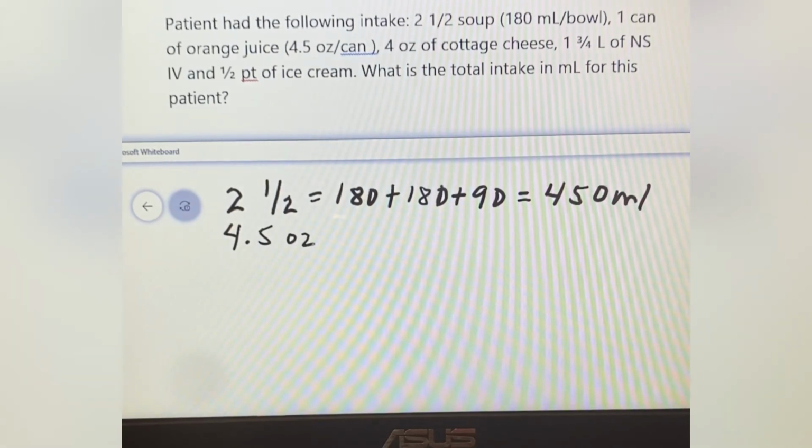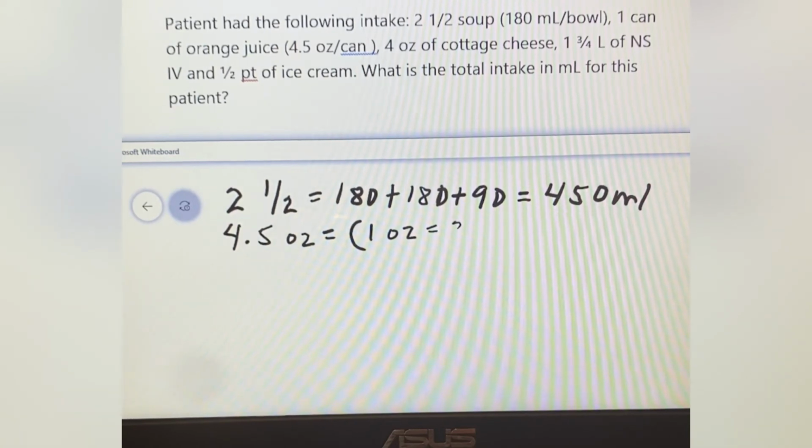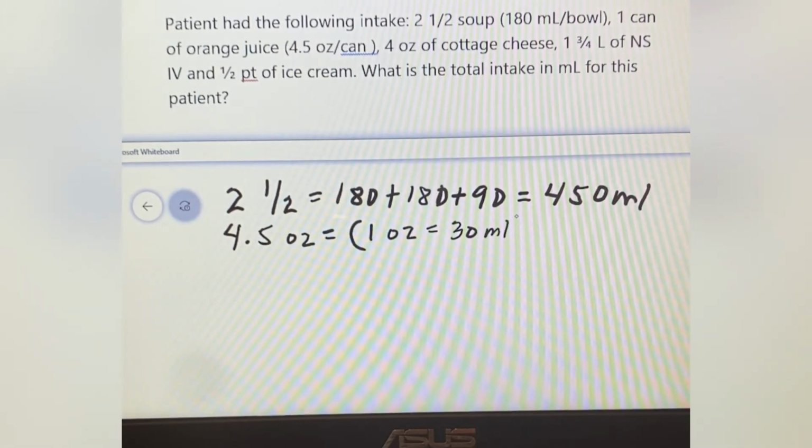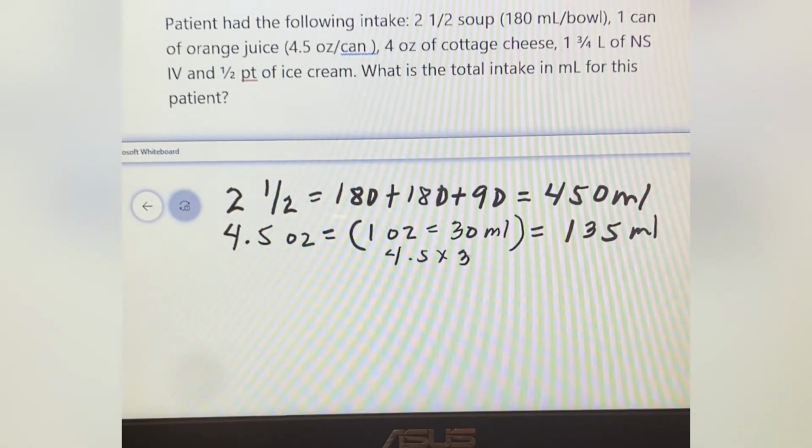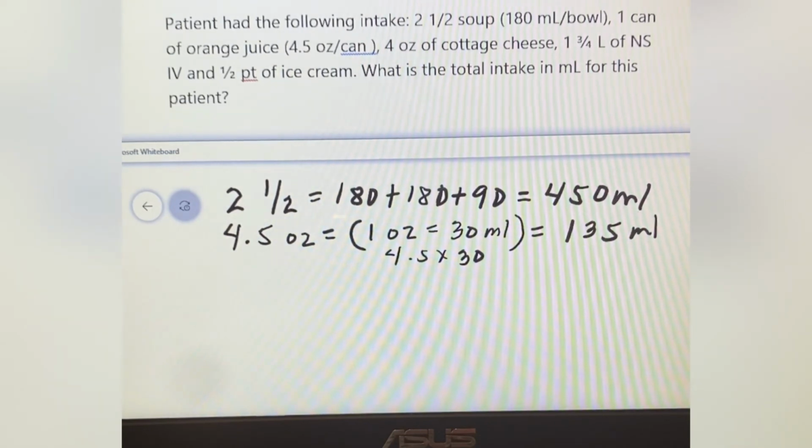It means how many ml? 1 ounce is equal to 30 ml. 4.5 times 30 ml is equal to 135. This one, 4.5 times 30, so that we get 135.